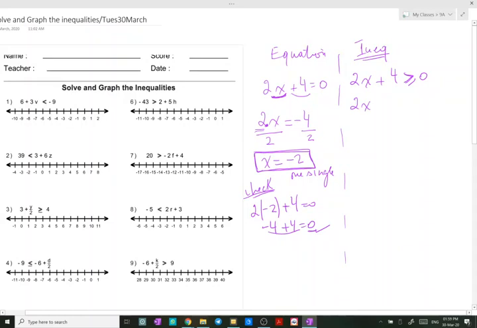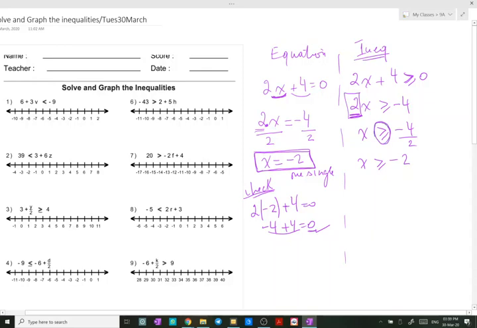So if 2x plus 4 is greater or equal to 0 and I would like to solve for x, I consider it as if it's an equation. So I take the number to the other side and then I divide by 2, and then I would get x greater or equal to minus 2. Since I divided by a positive number, the order will not change. It stays the same.